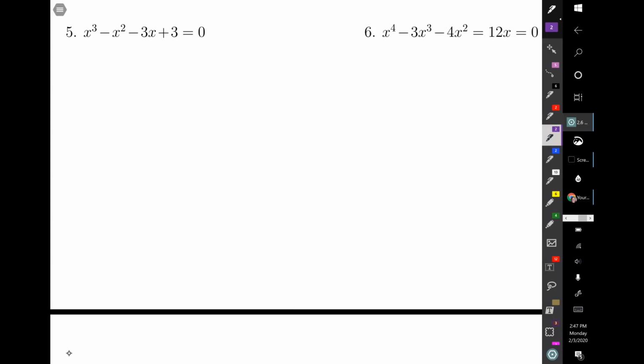So I'm just going to do factor by grouping. I can split them up into pairs, and then I look at x cubed minus x squared, and I can factor out an x squared, and that leaves me with x minus 1.